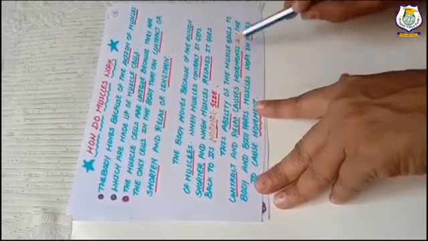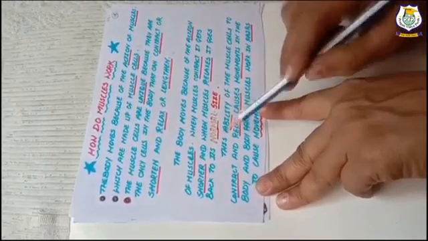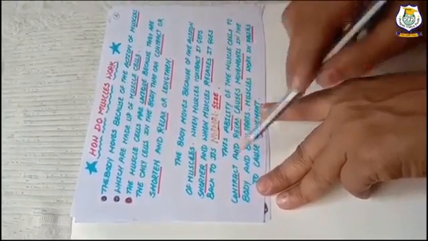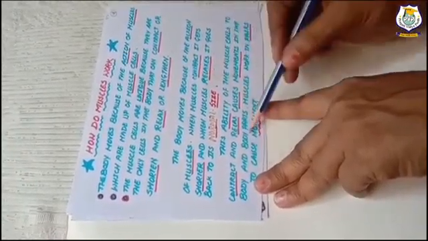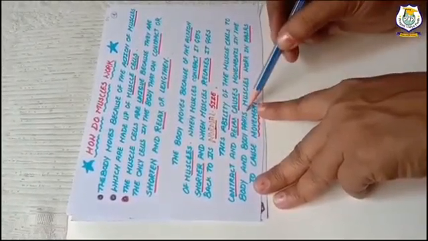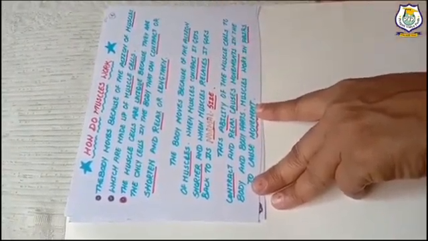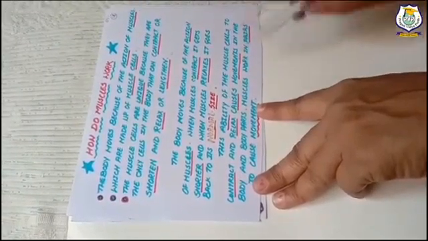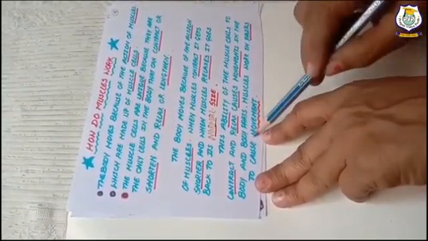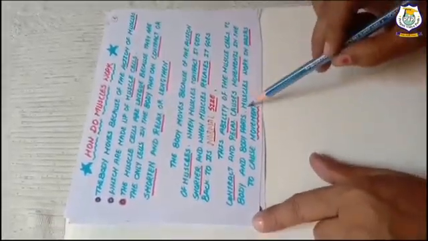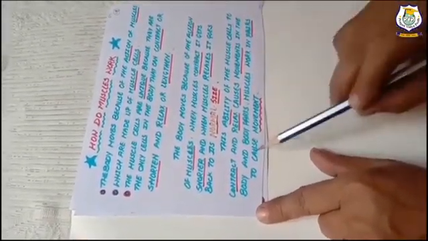This ability of the muscle cells to contract and relax causes movement in the body and body parts. Muscles work in pairs to cause movement. This is the speciality of muscles, that muscles work in pairs to cause movement.